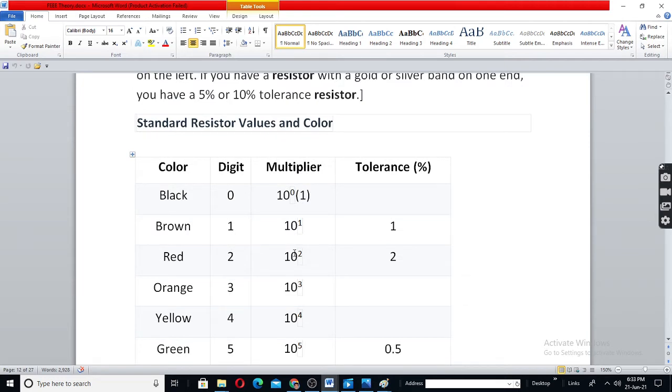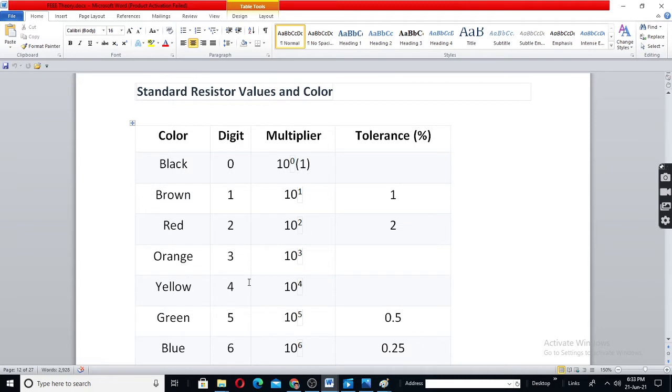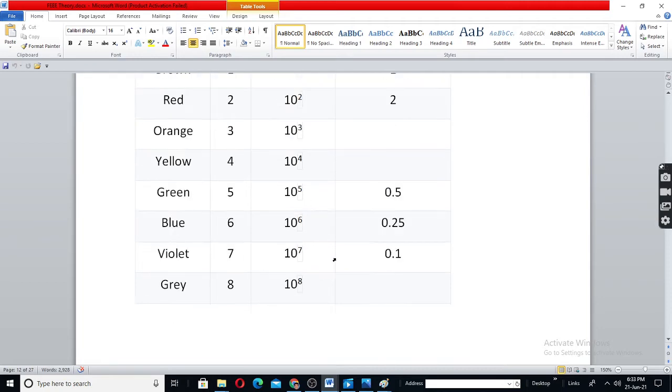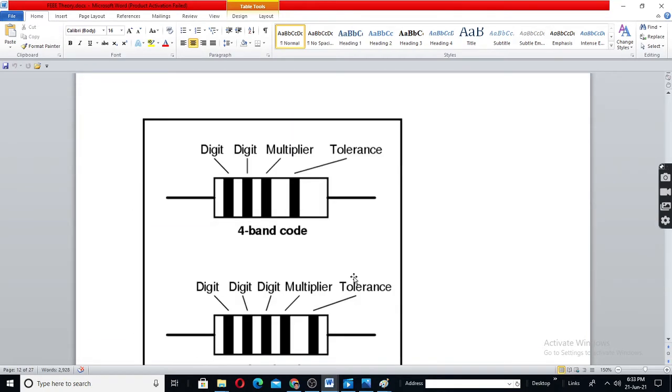Now, you can consider these two places: 0, 0, 1, 1, 2, 2, 3, 3. Each color can be used as a digit as well as a multiplier in the bands.